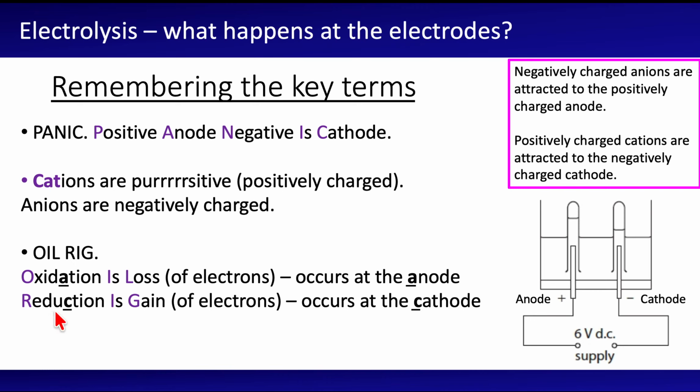And in reduction, the C there linked to the cathode, we get the gain of electrons by the ions when they discharge to form atoms. And OIL RIG is a little way of remembering what oxidation and reduction means.